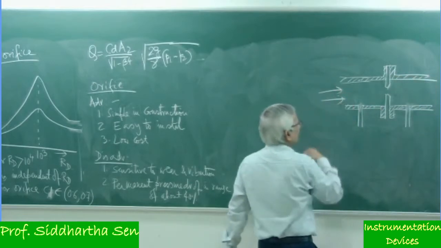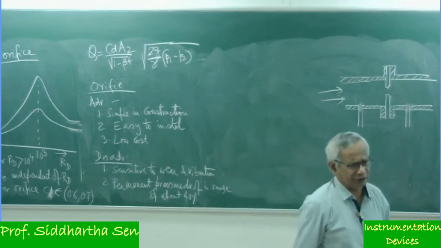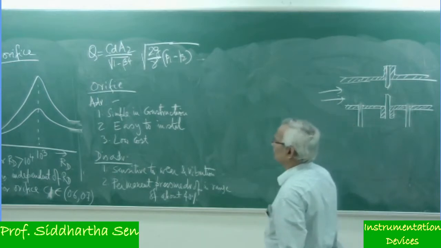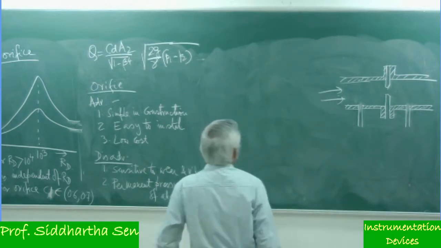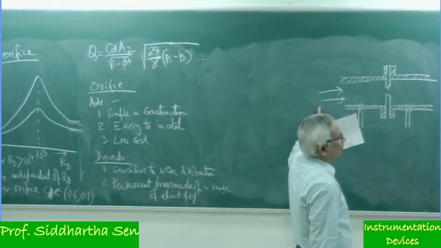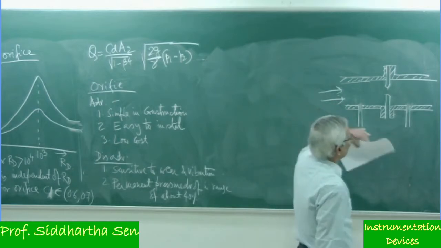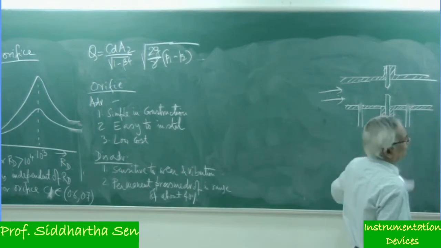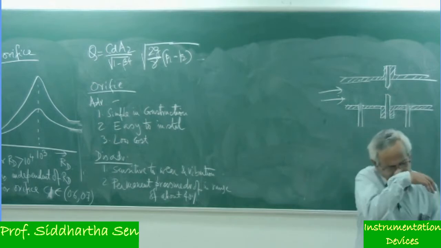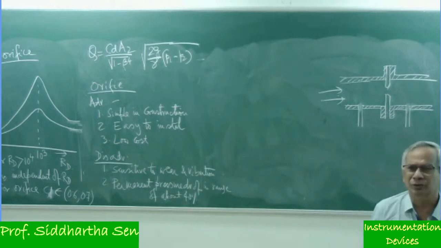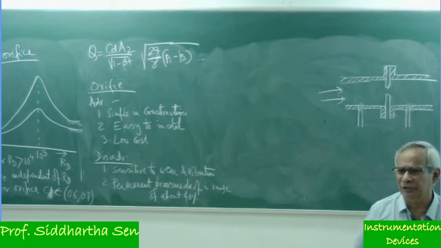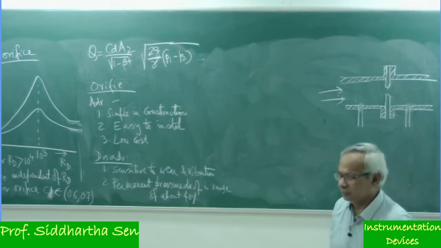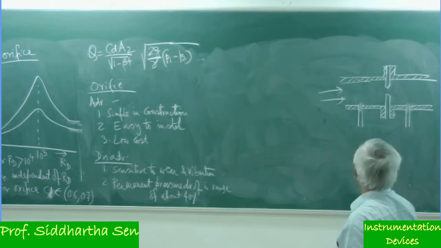Mind it, obstruction type flow meters like the orifice meter or the venturi meter can measure flow rate in one direction only. If it is in the other direction, the P1, P2 tapping points are different, and naturally it will give you a wrong reading. So on any flow meter, there is always a marking showing the direction of the flow rate.